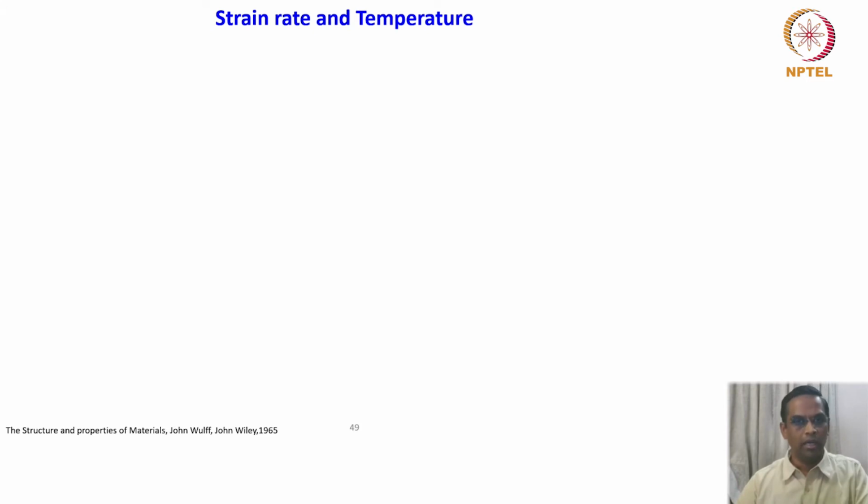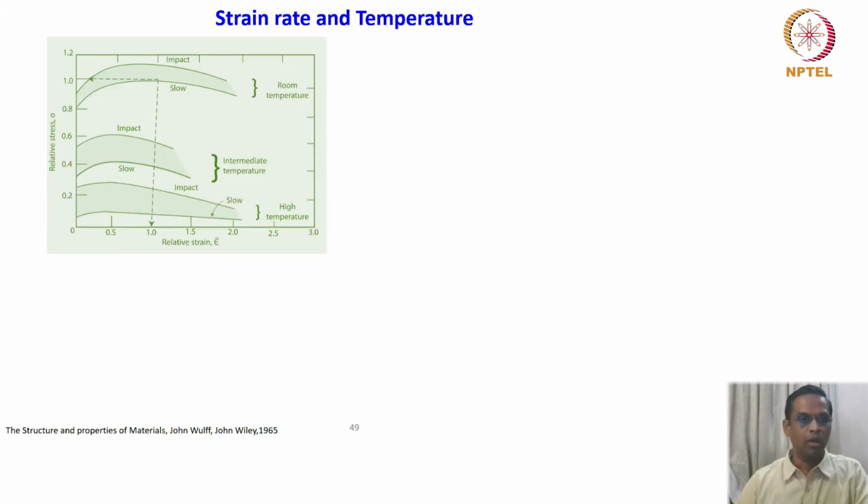Now, again, we will look at a combined plot of strain rate and temperature effect. This plot is not quite commonly reported in most texts, but it is a very interesting and important plot. It is again a relative stress versus strain plot, and you have stress strain curves for slow strain rate as well as high strain rate, so slow and impact, at three different temperatures.